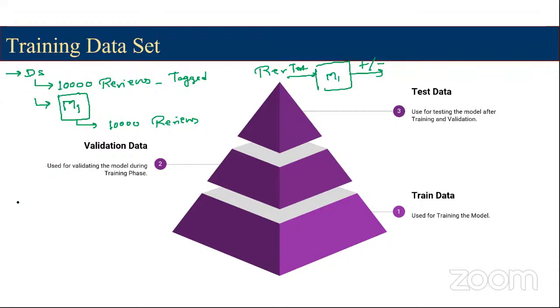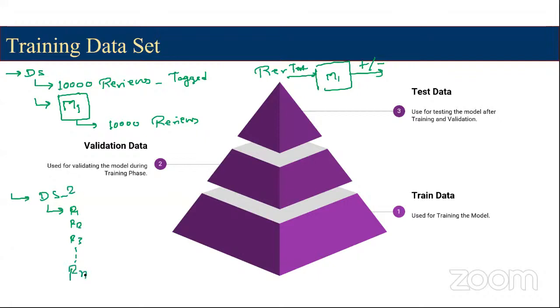Now, say if we need to evaluate this model, and I tell you that I have a data set with multiple records, let's call it ds underscore 2.